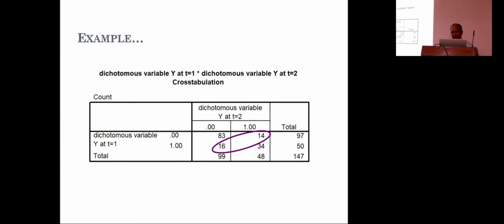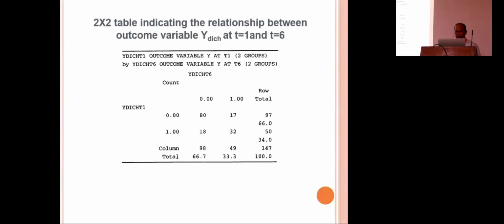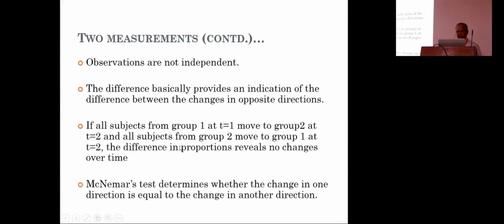These are the cells of importance. Say for an example, this is time 1 and time 6, 2 groups. The difference basically provides an indication of the difference between the changes in the opposite direction. That is the B minus C analysis, McNemar's chi-square test.